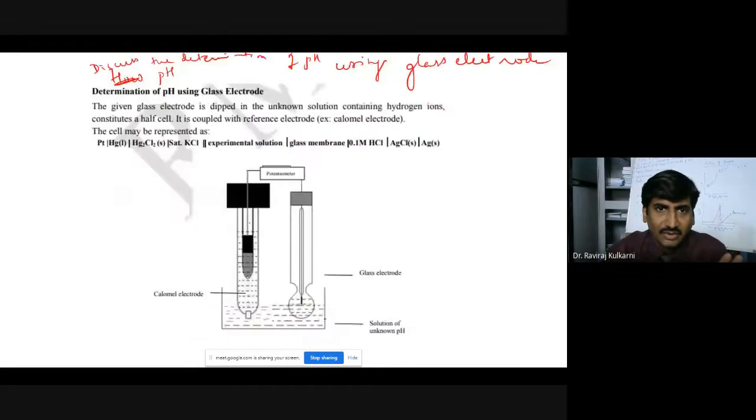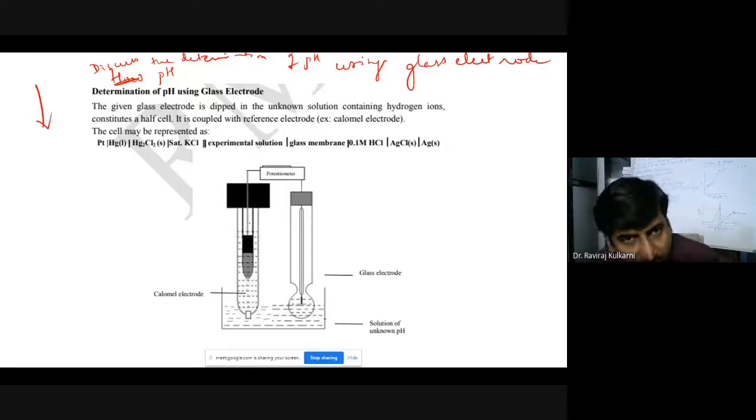You have to write only this part, whatever I am discussing now: determination of pH using glass electrode.